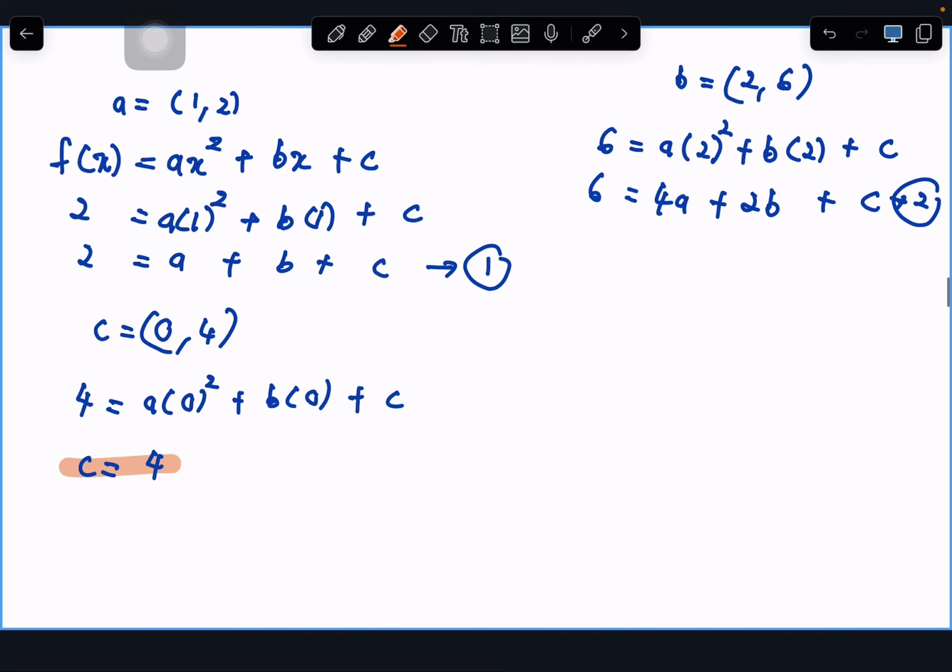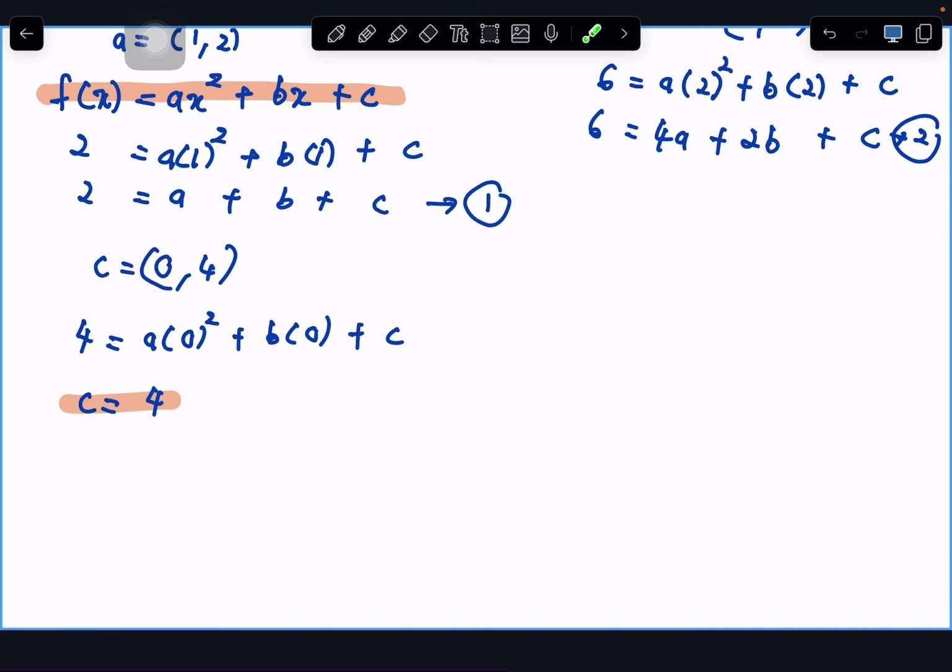If you go back to general equation 1, we have calculated c. Now we have to find the values of a and b. We know our c is 4.